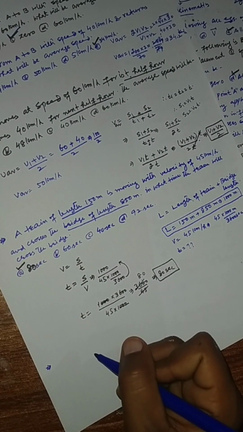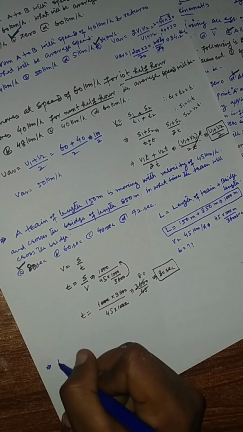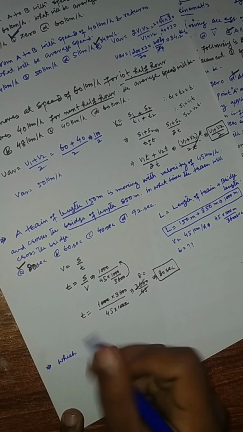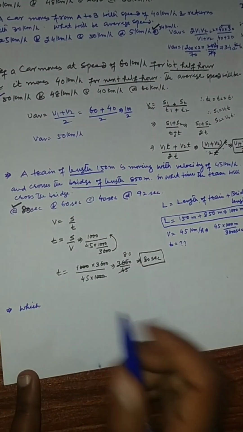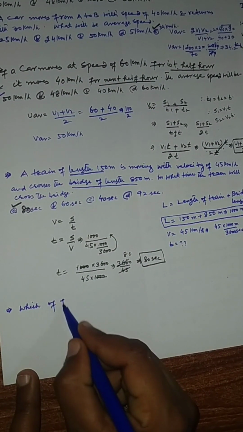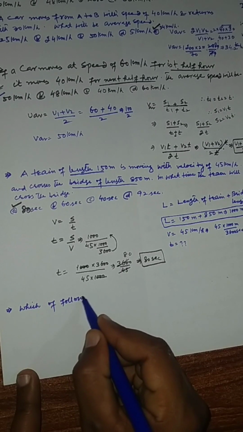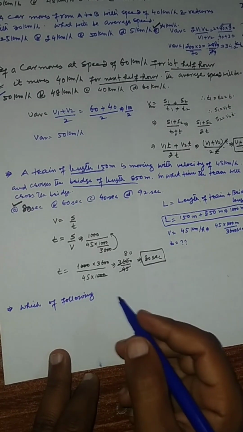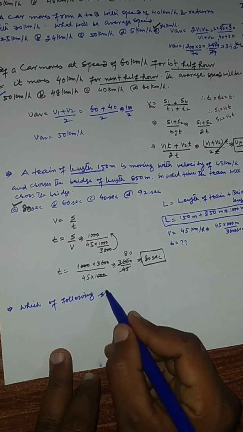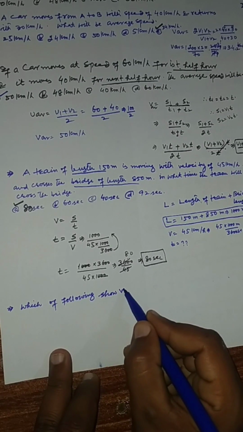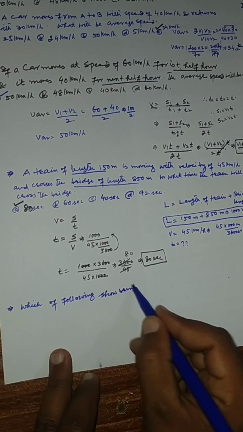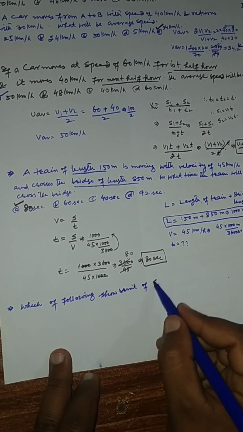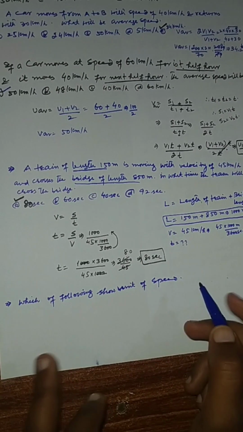After that, if we take K, which one of the following shows the unit of velocity, or we can say speed?